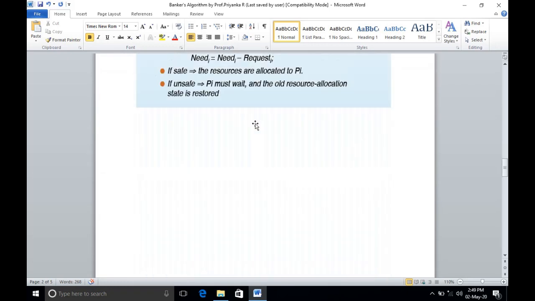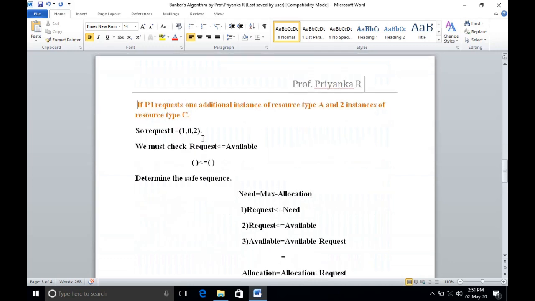Now we have a scenario in the next stage of Banker's algorithm. Process P1 requests one additional instance of resource type A and two instances of resource type C. Can this request be granted? That is the question given. So we have to write down the request here.